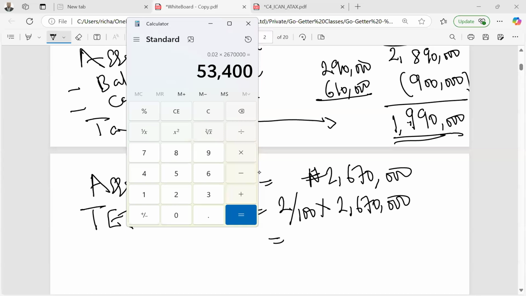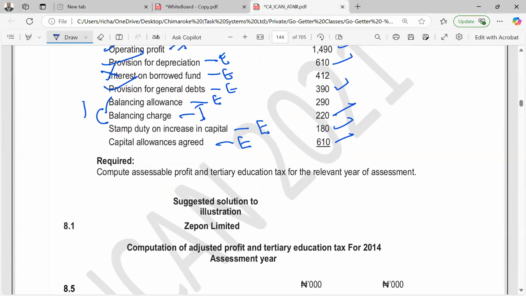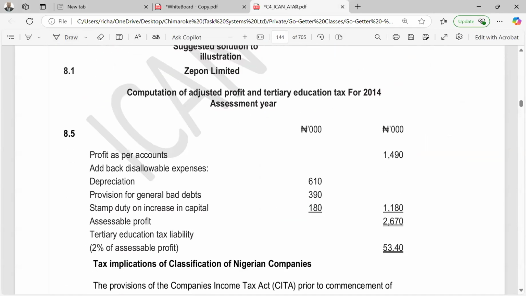That's going to give me 53,400. This is the tertiary education tax. And let's see how it is being solved here in the ICAN study pack. And that's the same thing we did.